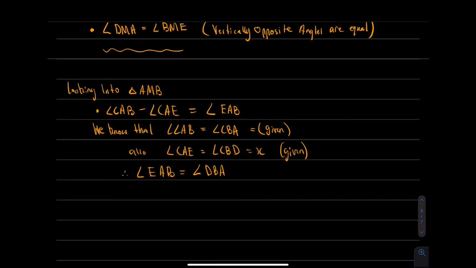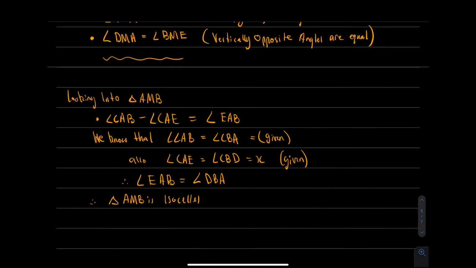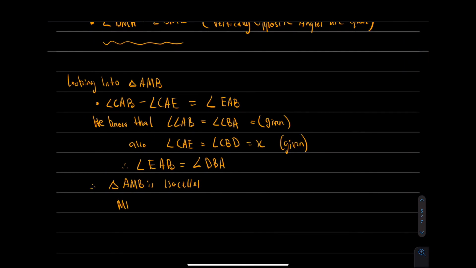So now we can say, therefore, triangle ABM is isosceles. Cool. And now we can talk about its sides and say that MB is equal to MA. MB equals MA, right?